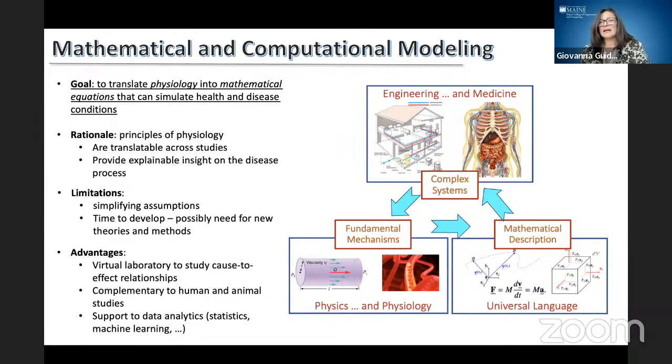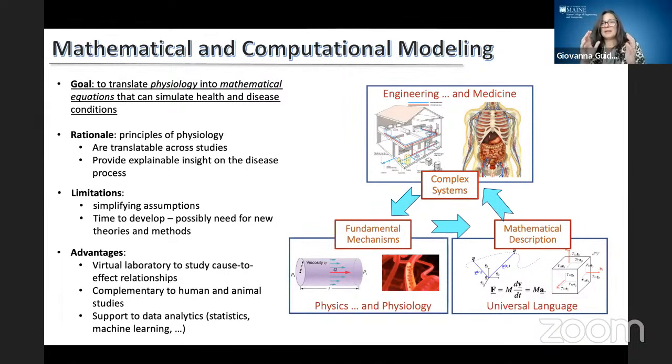But also, I have to say there are disadvantages because every mathematical model is wrong. It is built on assumptions that are rough simplifications of reality. But as the famous quote goes, all models are wrong, but some are useful. So our goal is to really develop models that are useful in identifying the mechanisms underlying the data. And so since that is the goal, we always have to think about the data.